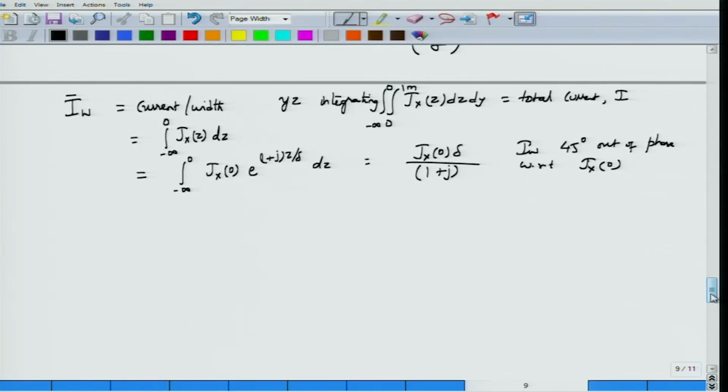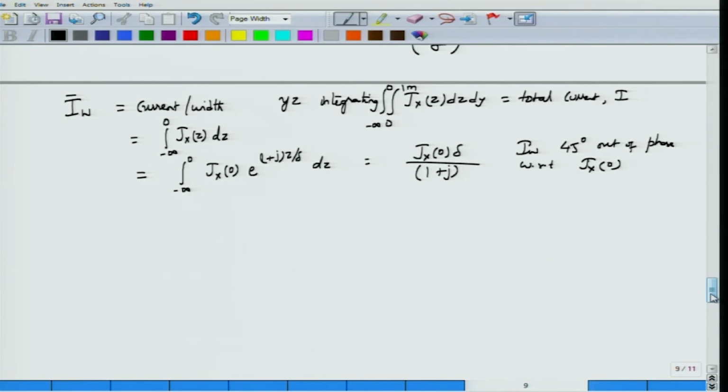This current per unit width Iw, which we have found, can be very useful for us, because Iw has units of ampere per meter.